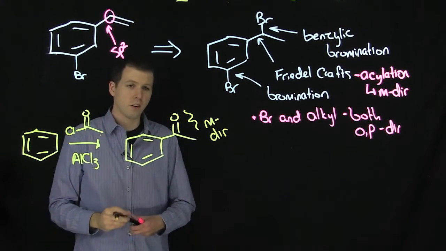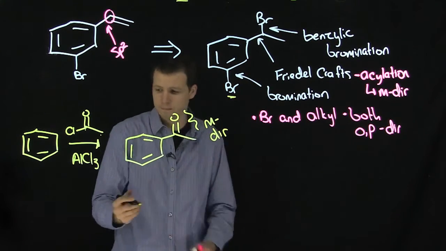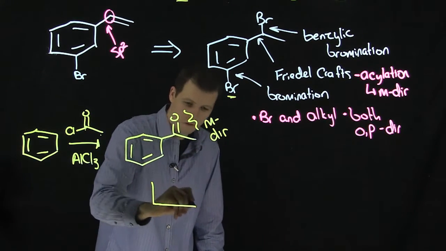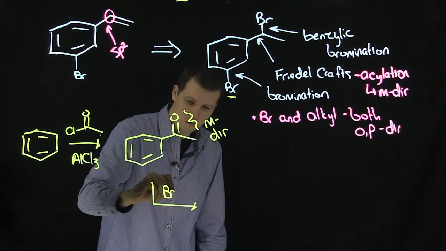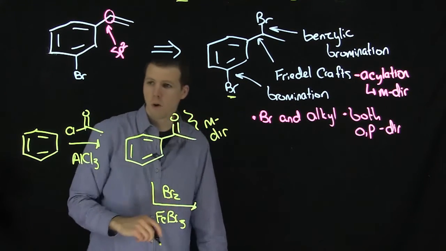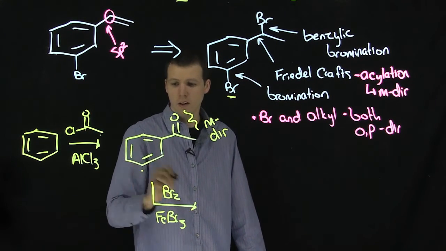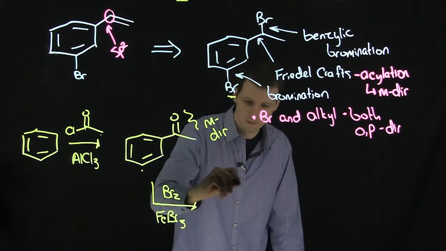So this is a good place to go ahead and install our bromine atom. So we'll use bromine and iron tribromide. Since this is a meta-director, it will direct it to the meta position.